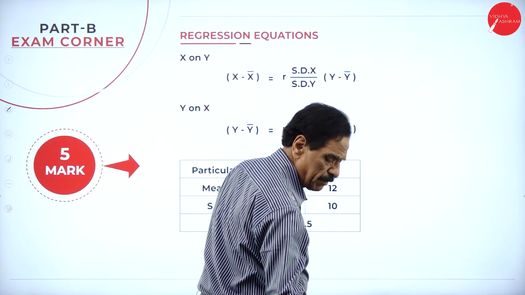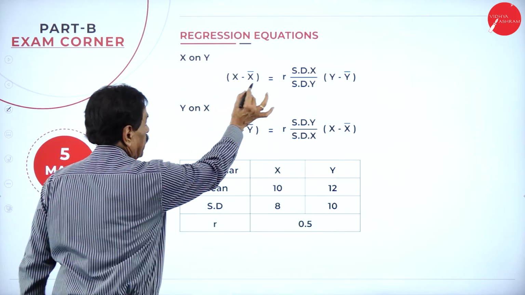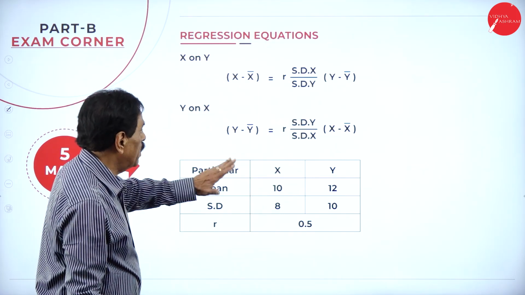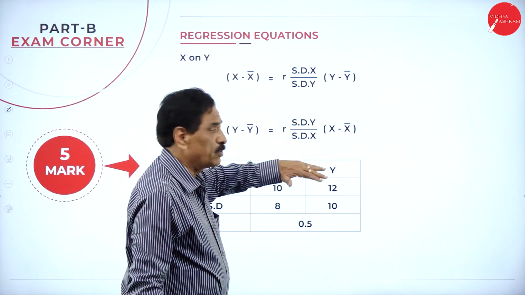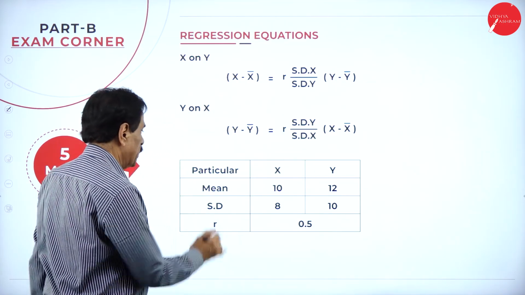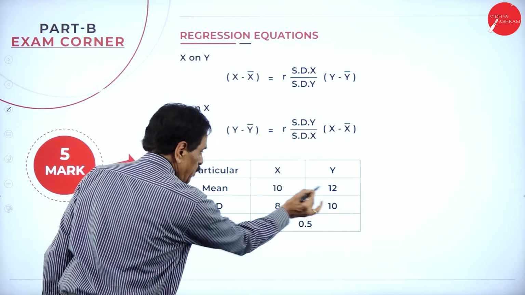So Y on X is Y minus Y mean equals r into standard deviation Y divided by standard deviation X, into X minus X mean. So given particular X, Y means 10, 12, 8.